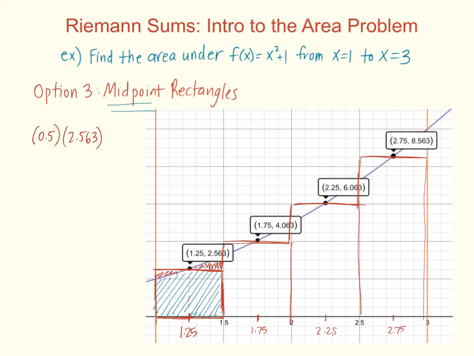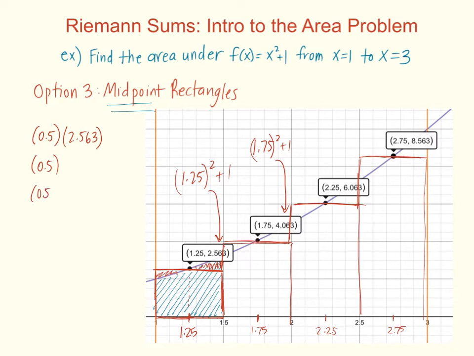you're going to have to find that most of the time on your own, but you find that by just substituting into the function. 1.25 squared plus 1 gives me 2.563. 1.75 squared plus 1 gives me 4.063. All right, so second one, they're all 0.5 across.